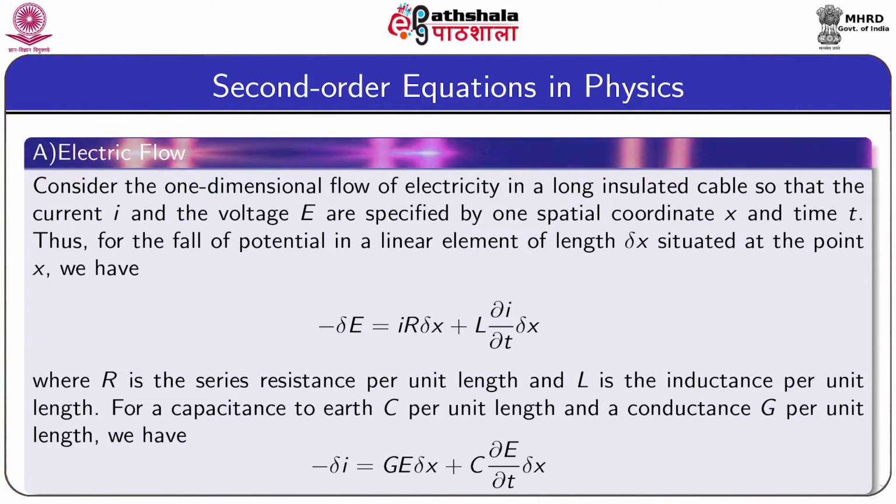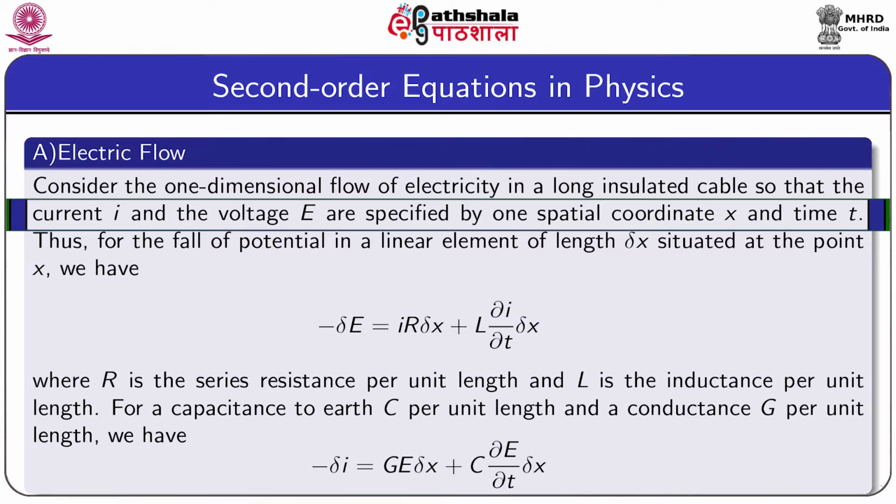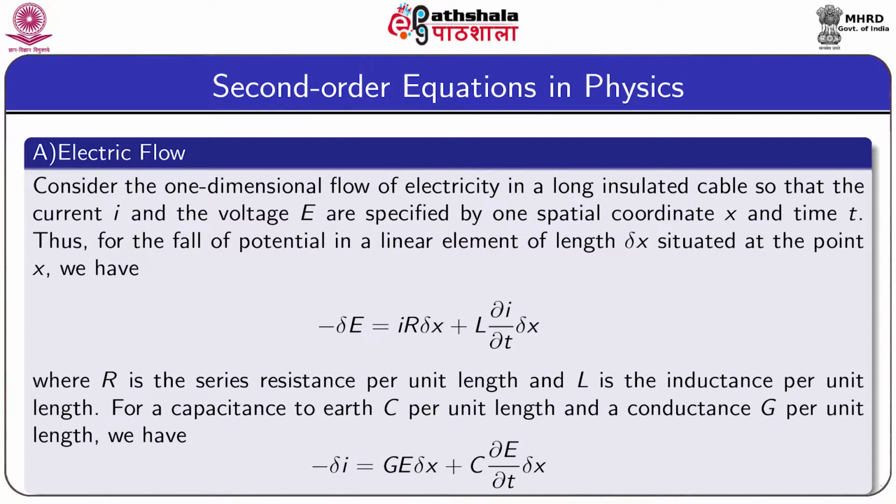For that, we consider a one dimensional flow of electricity in a long insulated cable, where I is the current and E is the corresponding voltage. Since there is a one dimensional flow, in the spatial direction there is only one coordinate, which is denoted by x, and we have another variable, time t.